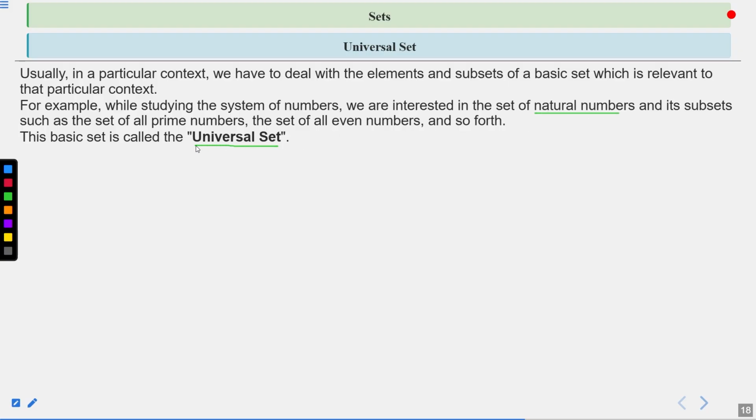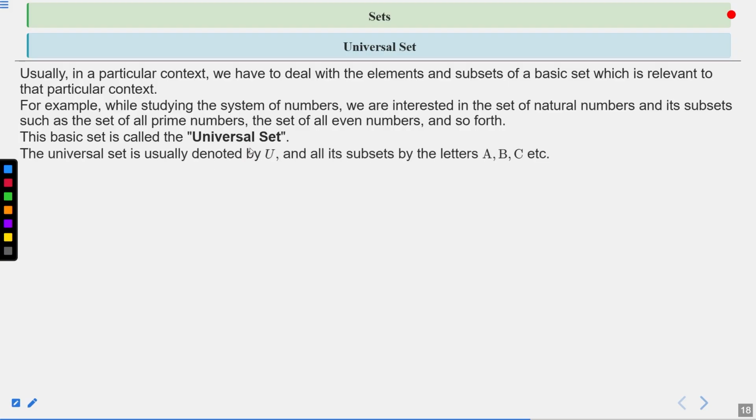So, in order to describe your universal set, you must have your context in relevance. In what context you are talking about, it must be very important here.